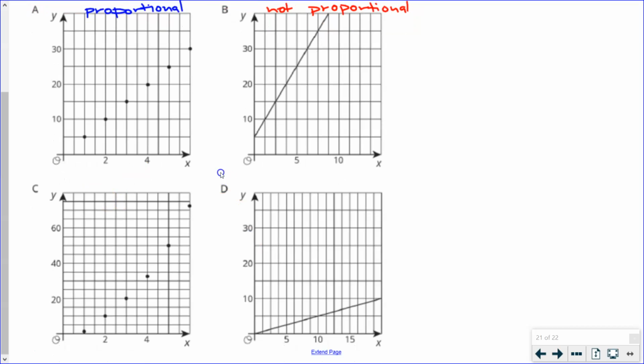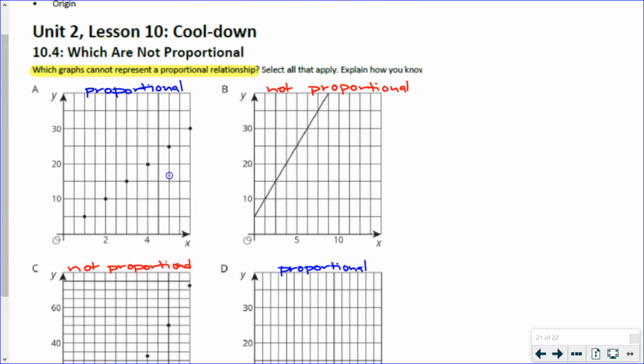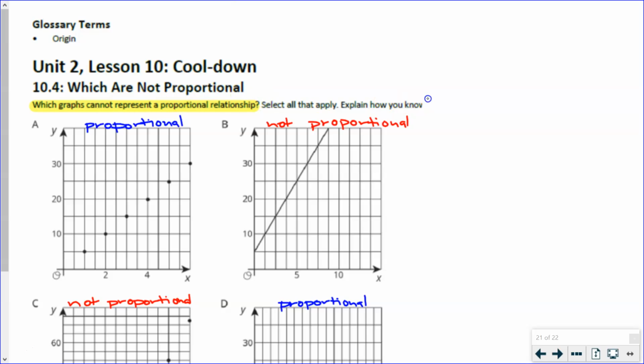C, is this proportional? It is not a straight line, therefore it is not proportional. D is proportional because it is a straight line that does go through the origin. So to answer this question correctly, we should have written down B and C.